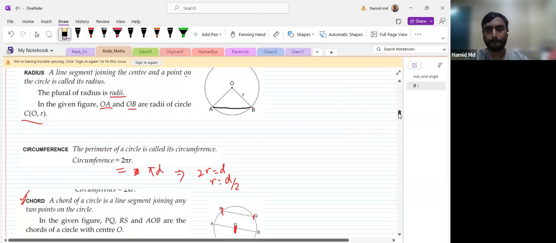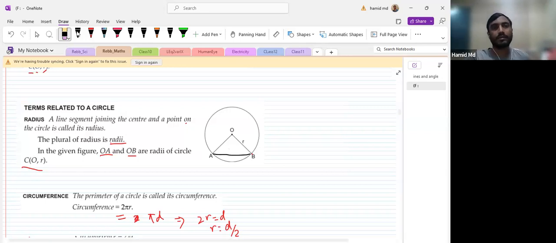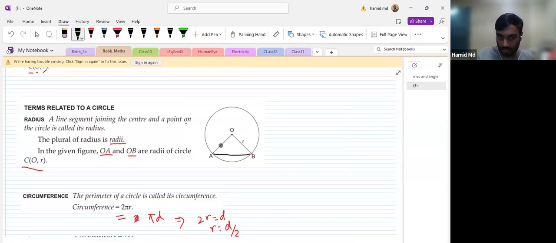I would label each angle X, Y, Z maybe. Okay, I won't disturb this. So we may label it X, Y and Z.